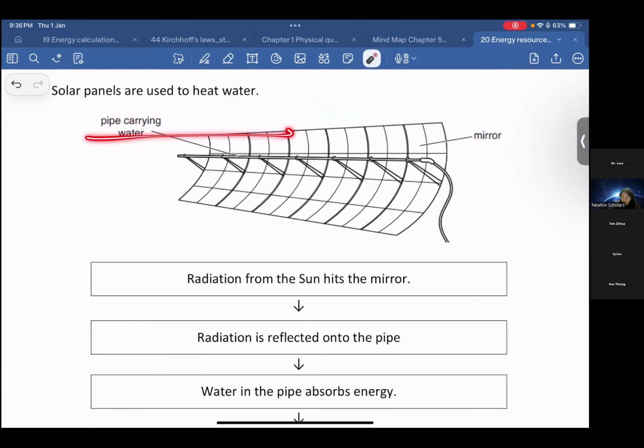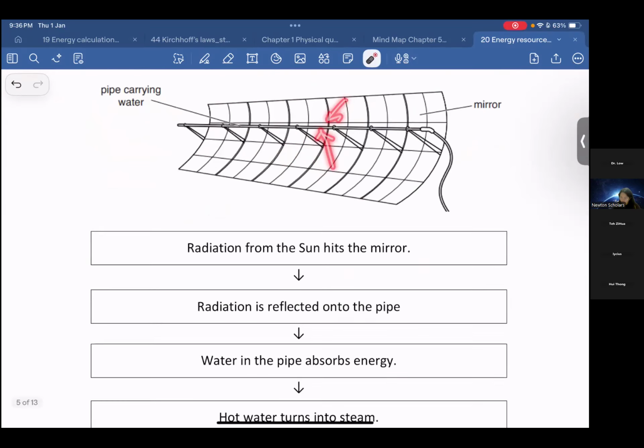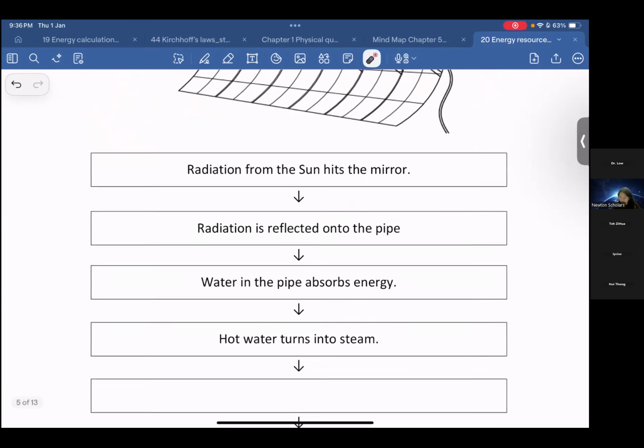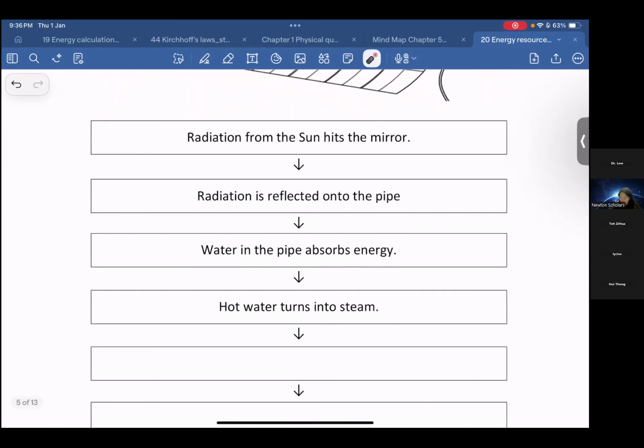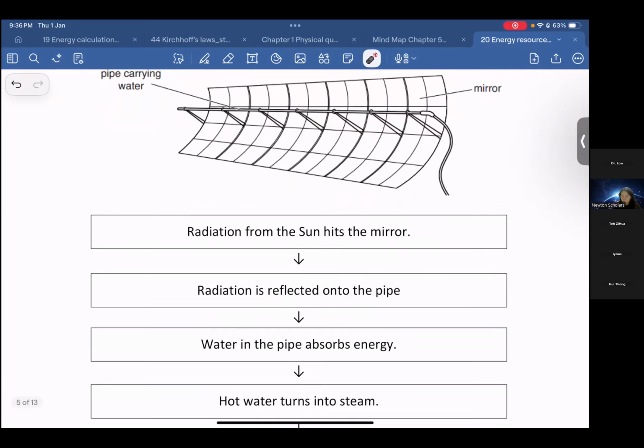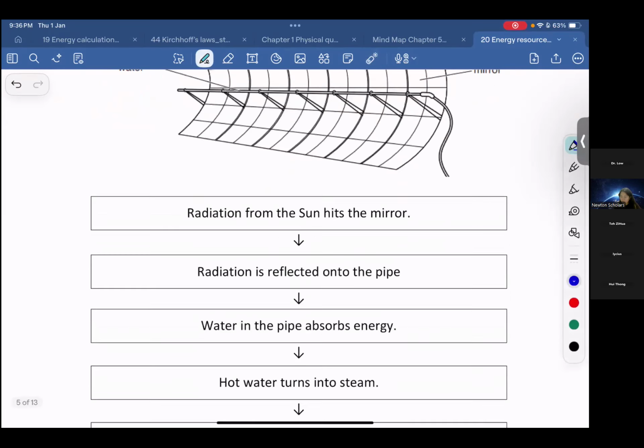The sunlight comes in and hits the mirror. The radiation will be reflected because this is a mirror, so it reflects and then hits the pipe. The pipe is carrying water. Radiation is reflected onto the pipe. The water in the pipe will absorb the energy, so when the water absorbs energy, it will become steam.